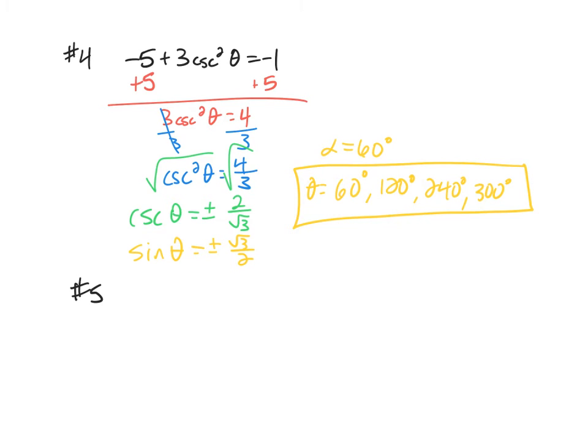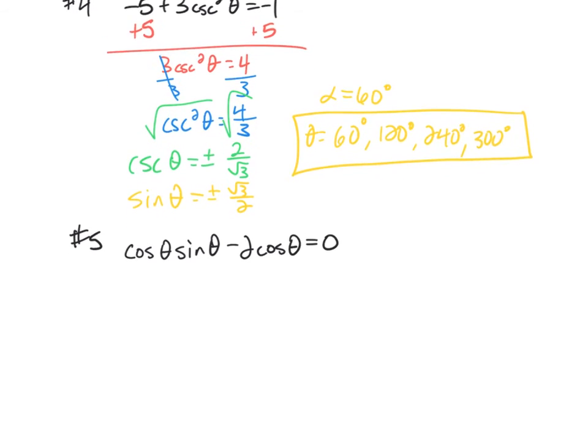Okay, so let's look at number 5 here and final solving trig equation from this particular quiz. So we have cosine theta sine theta minus 2 cosine theta equals 0. We want to recognize here that we can use some factoring.